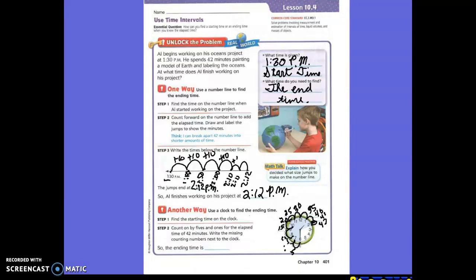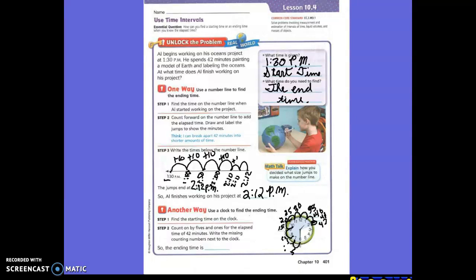Now, what time would it be then if you did that? Your hour hand would be around the 2, not quite at the 2 anymore, and the minute hand would be right here on the 12. It would be on 12 minutes, guys.